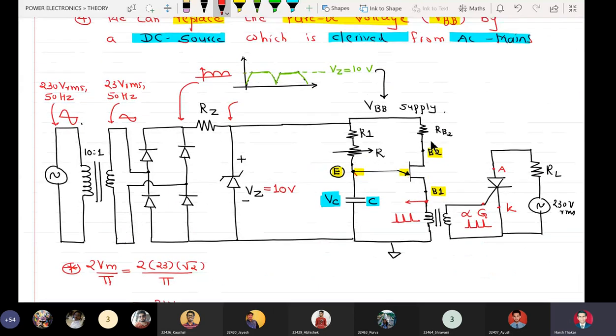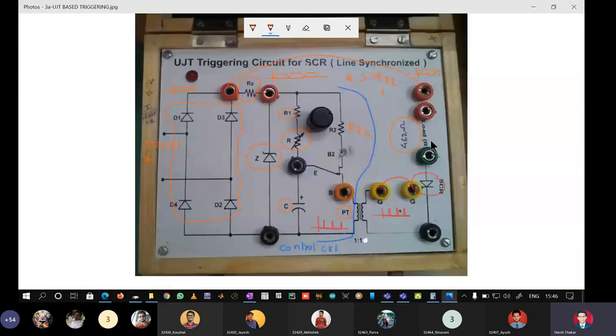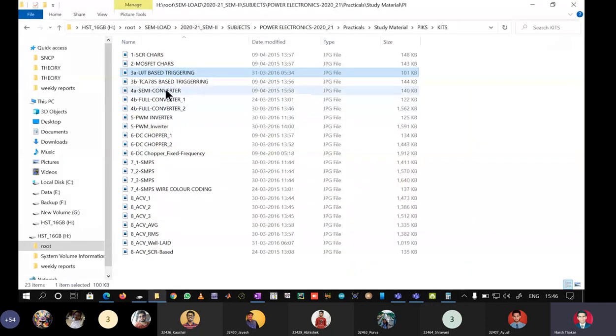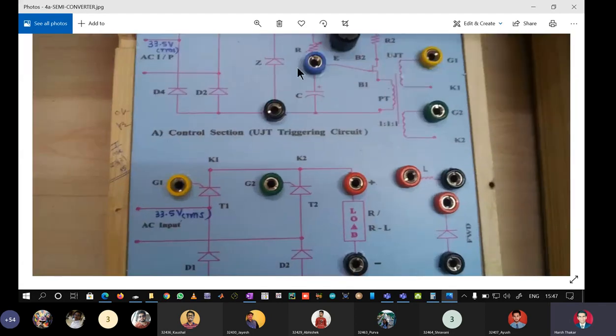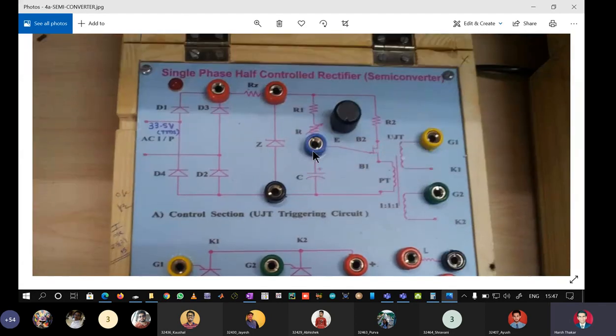If I show other photos also, you can see that the same circuit is repeated here. You see here in the semi converter also you get the same kind of triggering circuit. Okay, see here now, the same kind of setup is there.